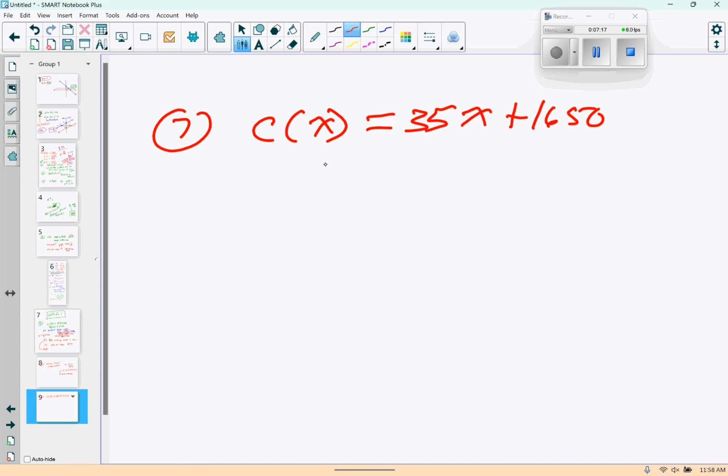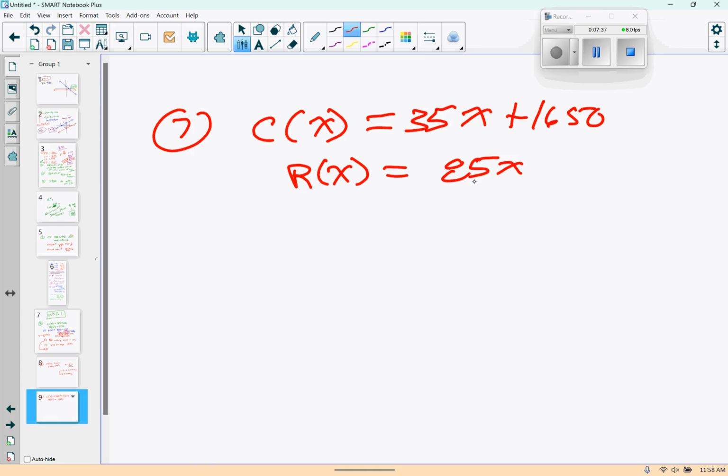And then they tell us we have a revenue equation of 85x. If the revenue function is that, how many widgets must be sold to break even?